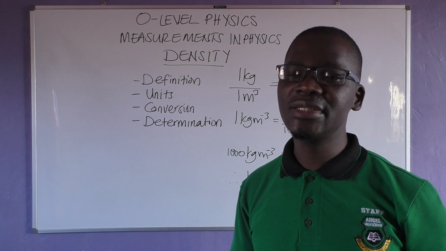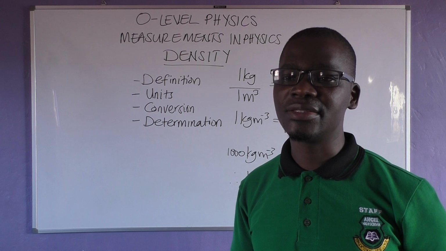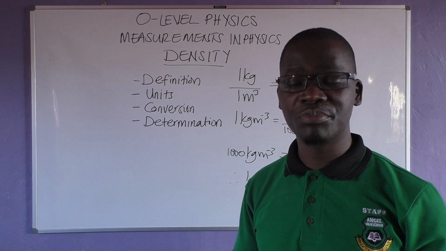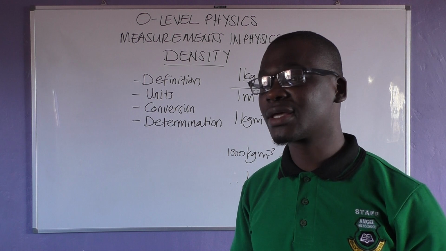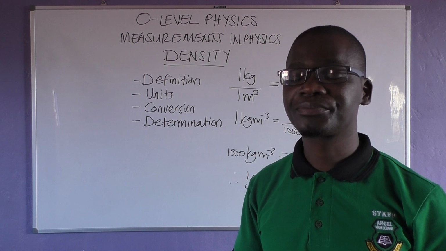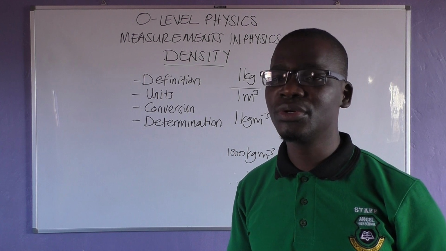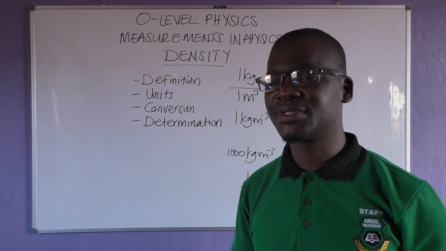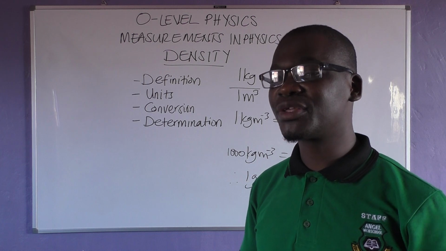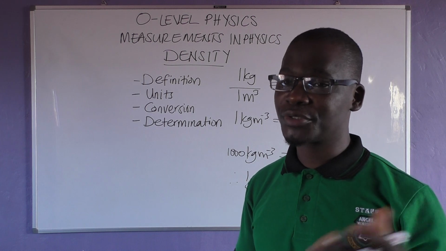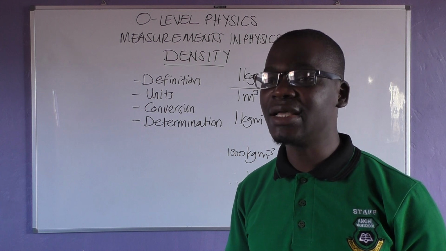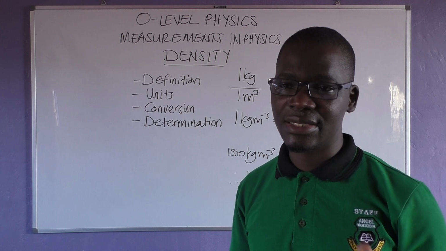The other factor is pressure, whereby pressure will affect the volume, hence affecting the density, and also the number of molecules. You know that the number of molecules affects the mass and also affects the density. So those are some of the factors that affect density.